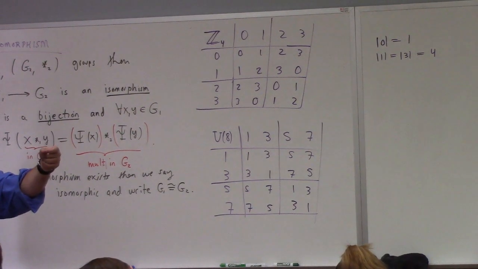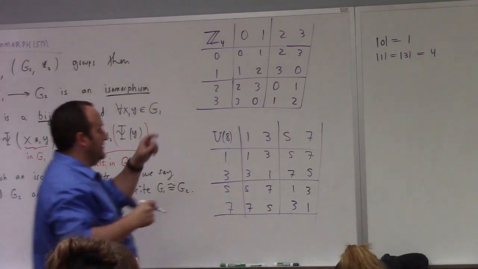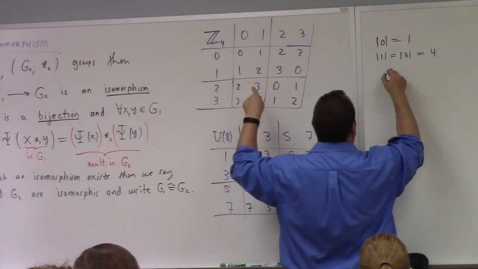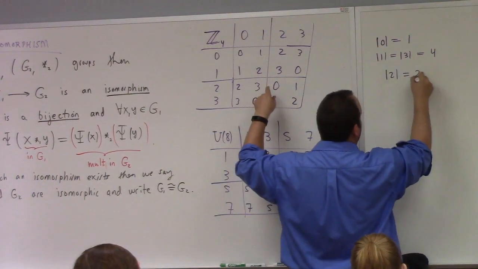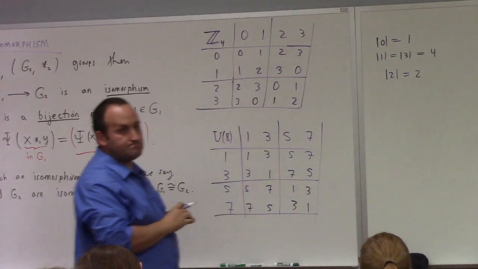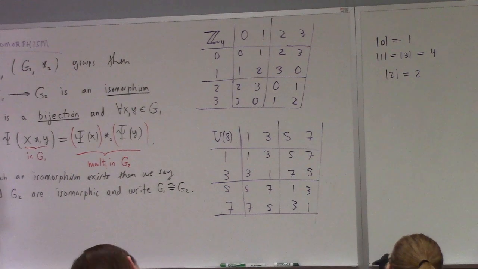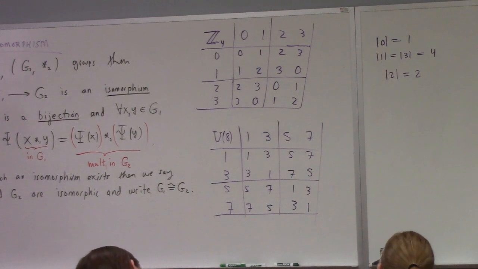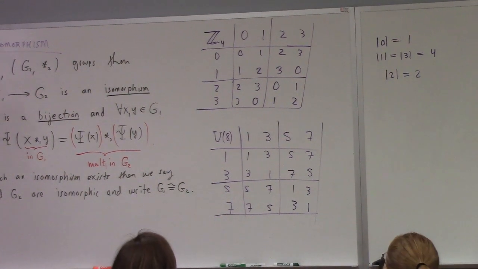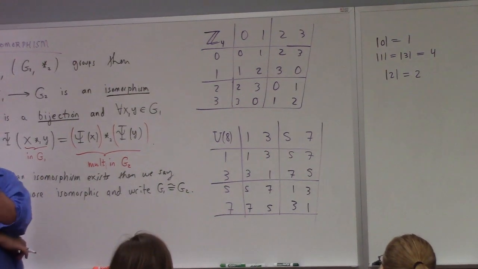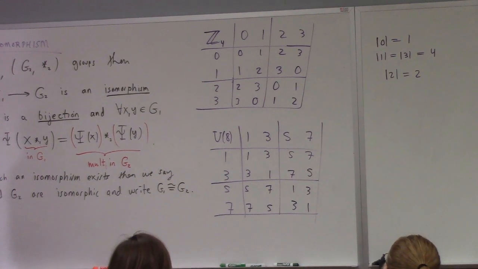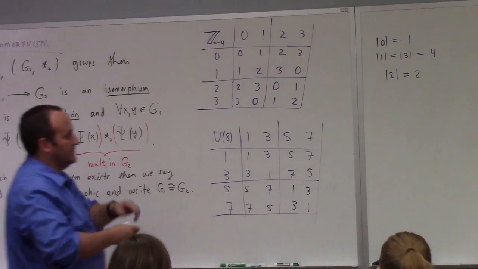The order of 3 is 4 in Z4. But the order of 2 is 2, because 2 plus 2 is 4. So this group has one element of order 1, 2 elements of order 4, and 1 element of order 2.